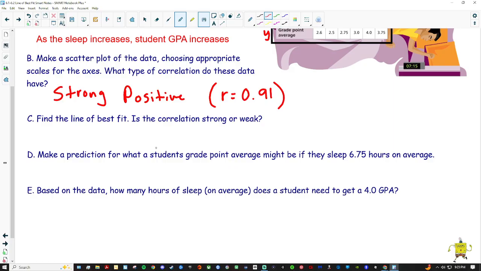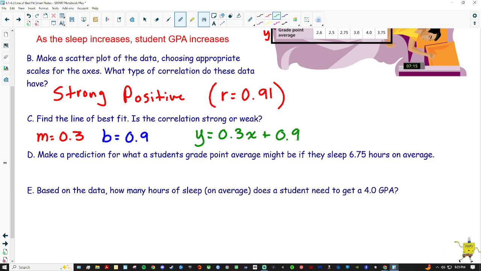So the equation of my line of best fit is y equals 0.3x plus 0.9. Okay, that is the equation of my line of best fit. This is the most important part of our problem, finding this line of best fit.